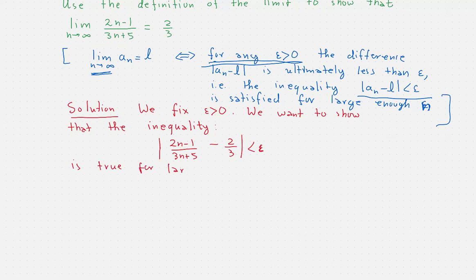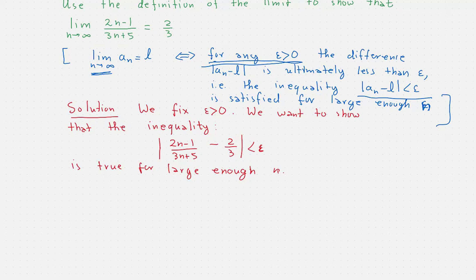What this means practically is that we're going to take this inequality, solve it for n, meaning we are going to isolate n on one side of it, and hopefully it should read that n is greater than some quantity depending on epsilon. So let's see how this is done.